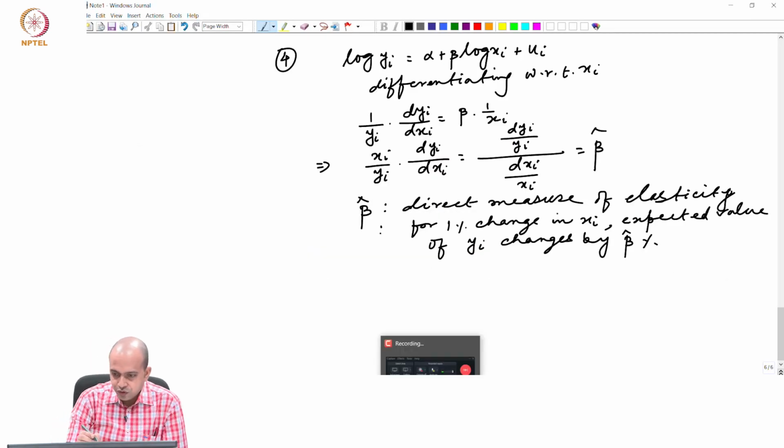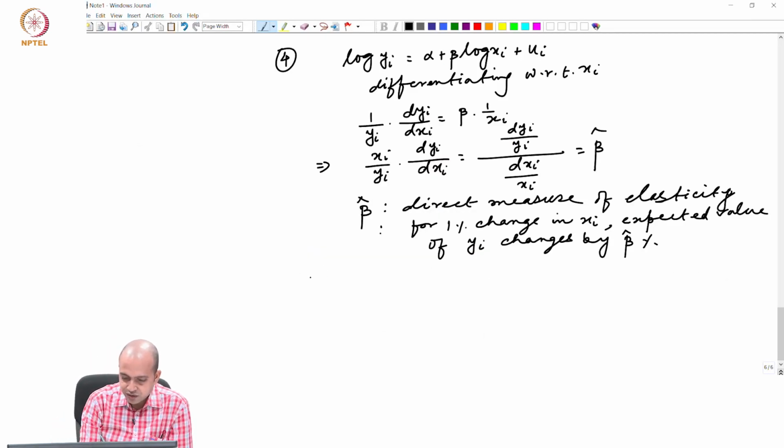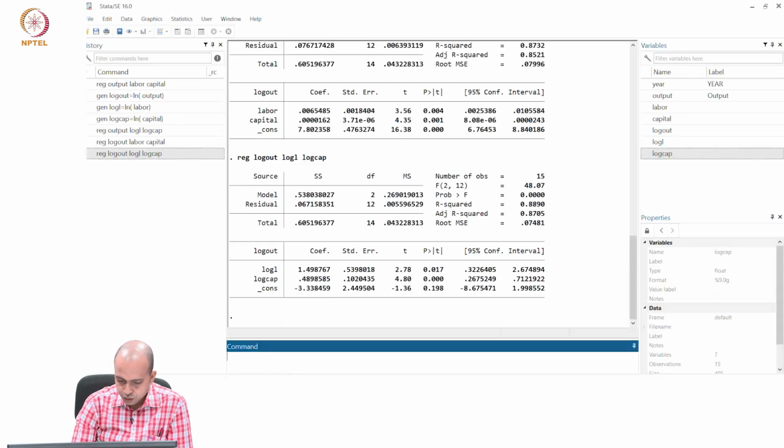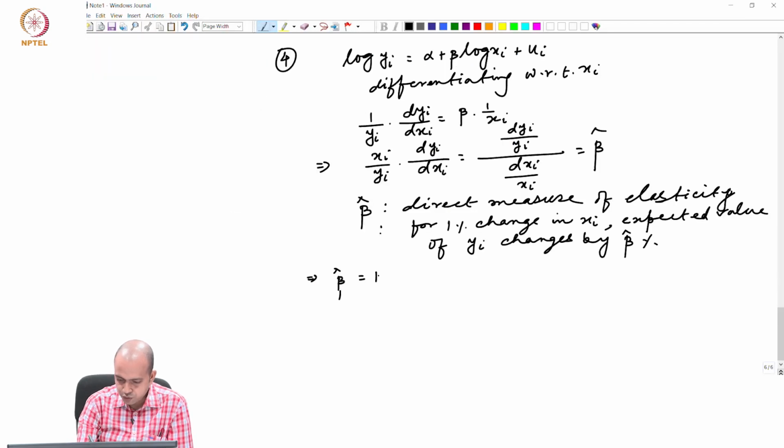So the interpretation is: the coefficient of labor, beta 1 hat, equals 1.49.